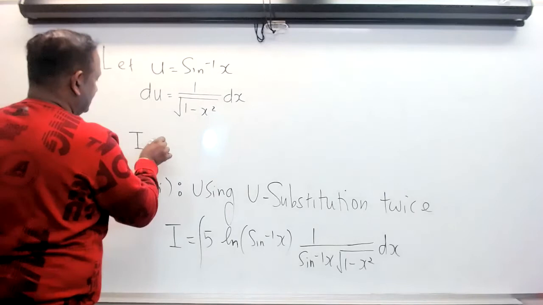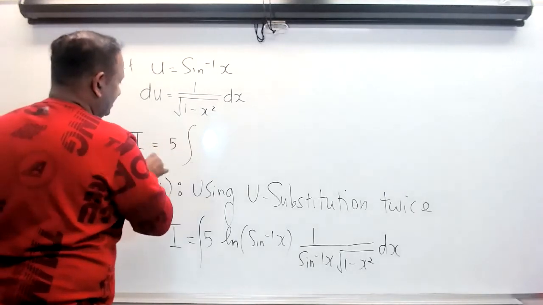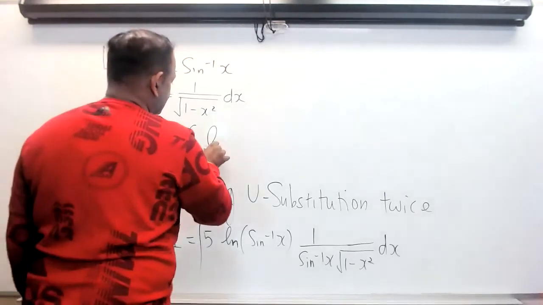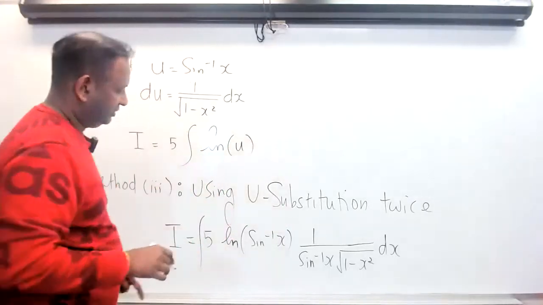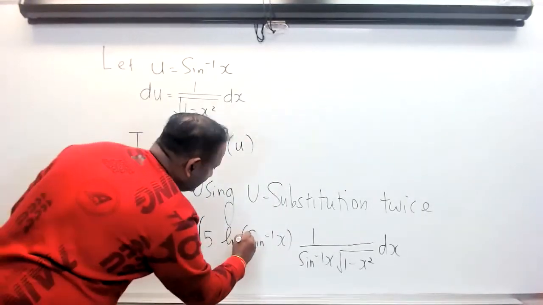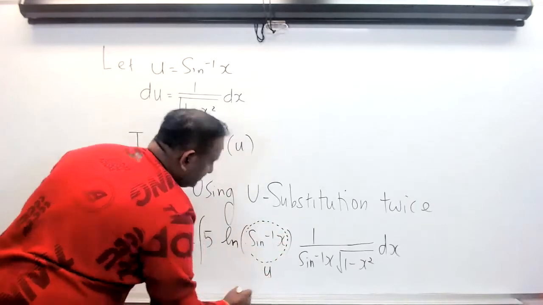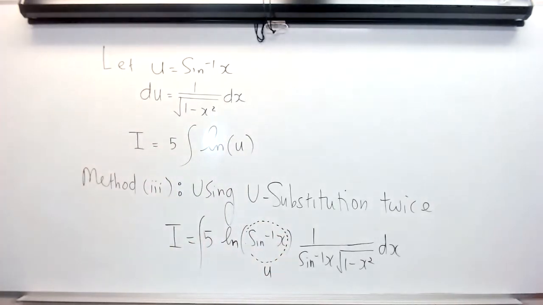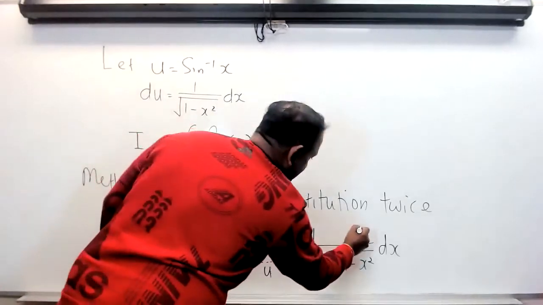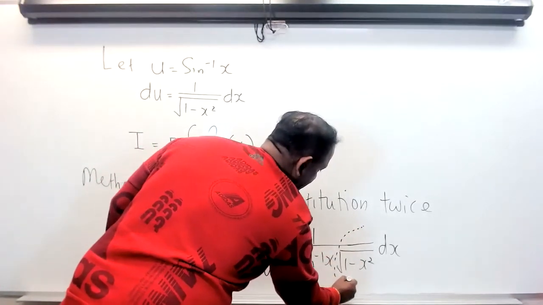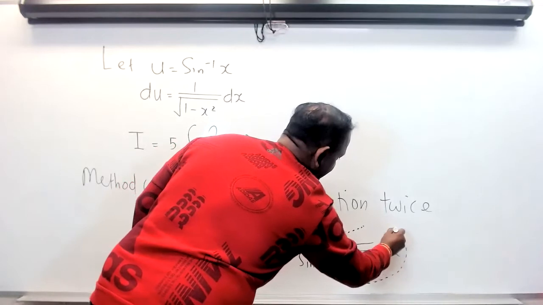I equals 5 times the integral, I'm going to pull out ln u, because sin⁻¹x means u. This is u. This part, up to this part, whole thing is du.